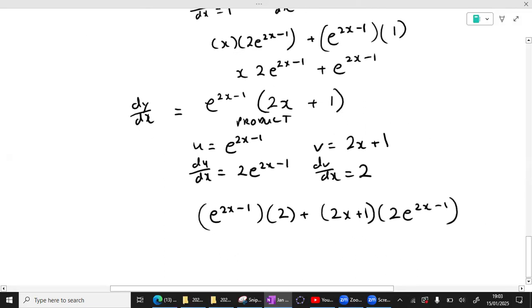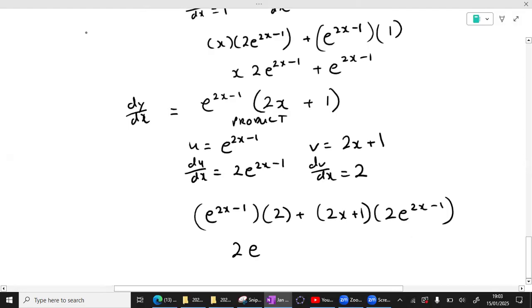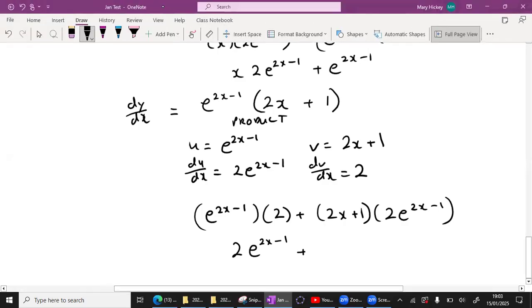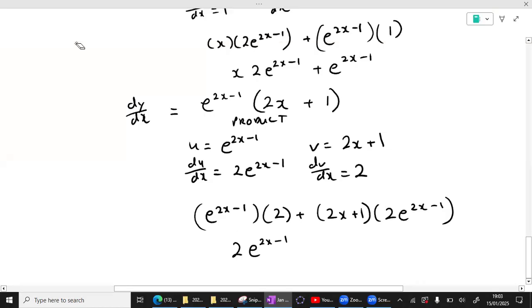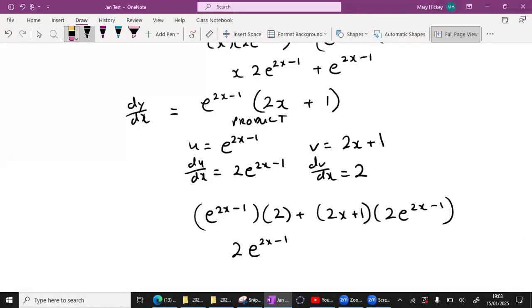After I've done all that, I end up with 2e to the power of 2x minus 1 plus, now if I multiply this out here, I would end up getting, no, actually, sorry, what I'll actually do is factorize out the 2 times e to the power of 2x minus 1.